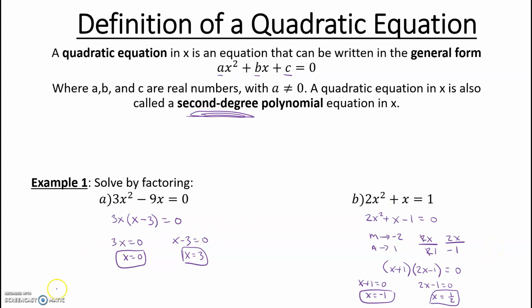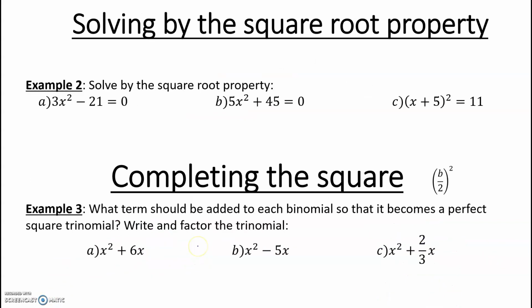All right, moving on. You could also use the square root property, which is basically just square rooting both sides. So if you look here, I see that these are both divisible by 3, so I'm going to go ahead and divide by 3. And if I get this x squared alone, I can just square root both sides.